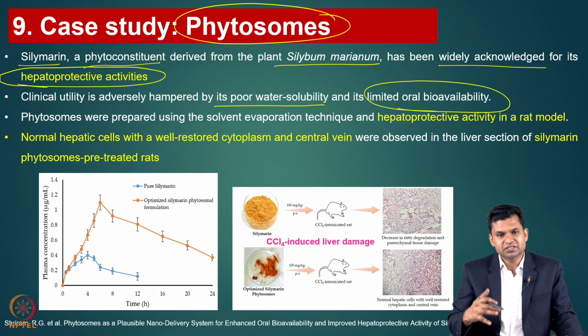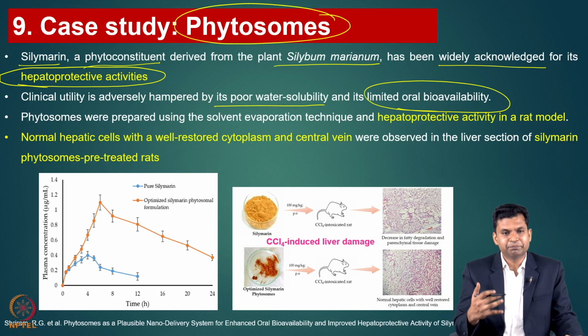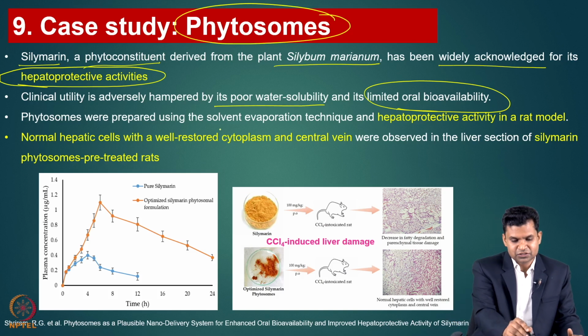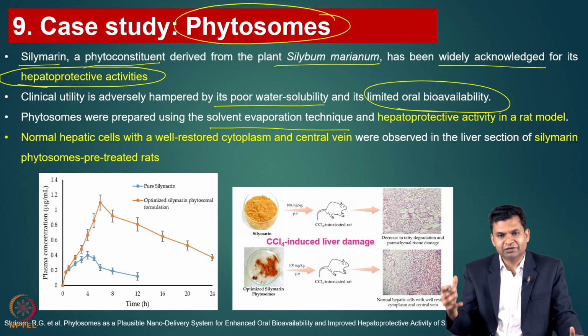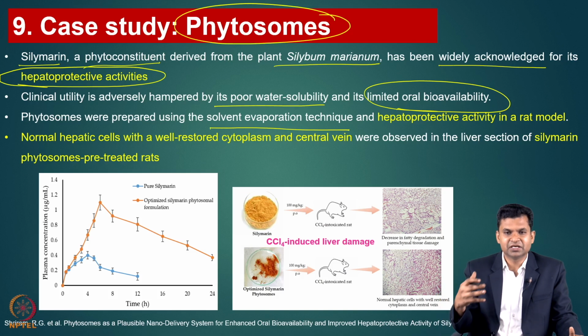So, these authors prepared phytosomes with various phospholipids by using the solvent evaporation technique. They optimized the formulations, and did the in vitro release studies and some other encapsulation studies.